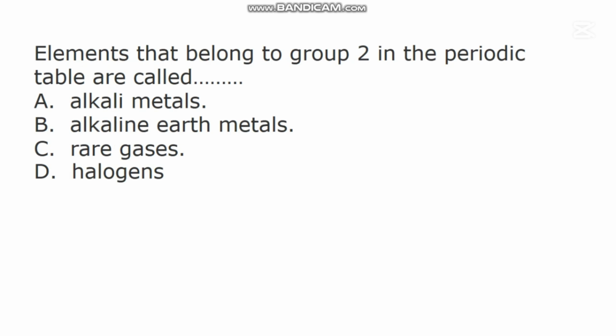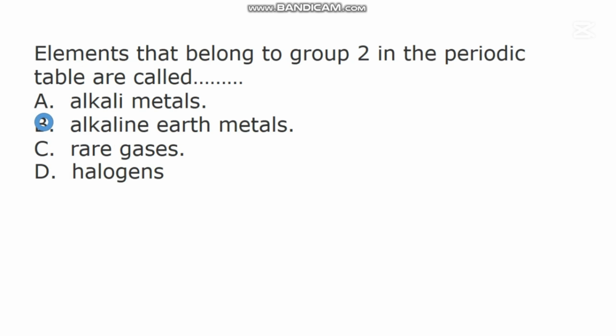The next question says, elements that belong to group 2 in the periodic table are called dash. A. Alkali metals. B. Alkaline earth metals. C. Rare gases. D. Halogens. In this question, the correct answer is B. Alkaline earth metals.